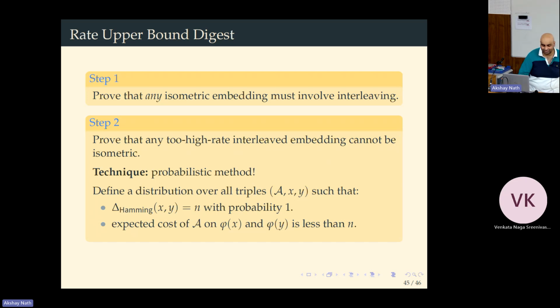Yeah, it's because of the analysis. Sorry? Yeah. So the 1/32 is just some constant we can choose so that the expectation analysis goes through.